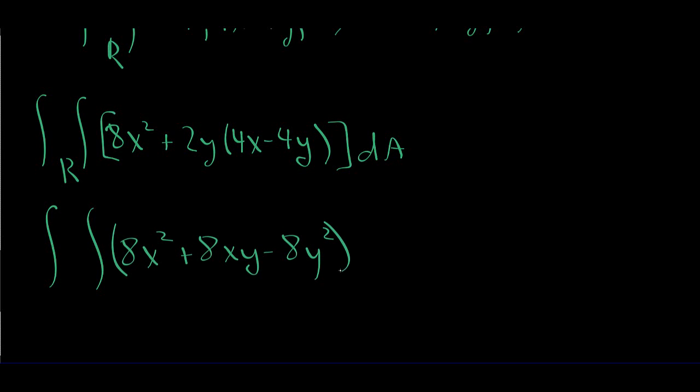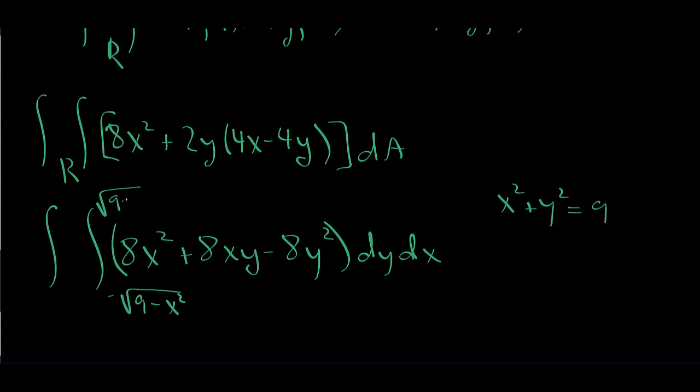And now we just need to determine the bounds. Remember, we had x squared plus y squared equals 9. So if we're integrating with respect to y first, we're going to have negative square root of 9 minus x squared, and then square root of 9 minus x squared up here, and then 0 to 3 for the x.